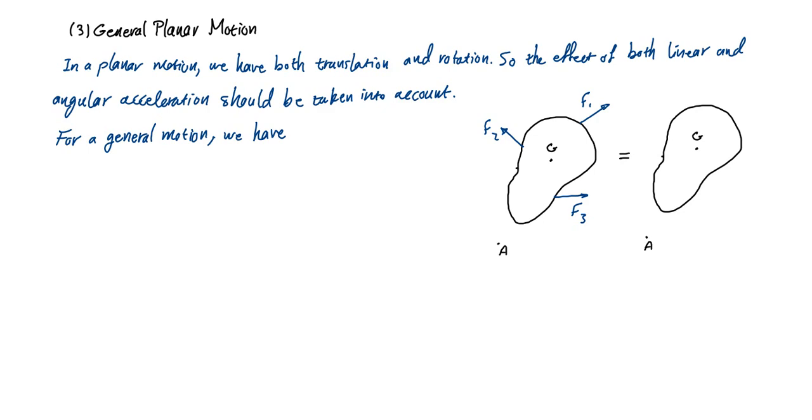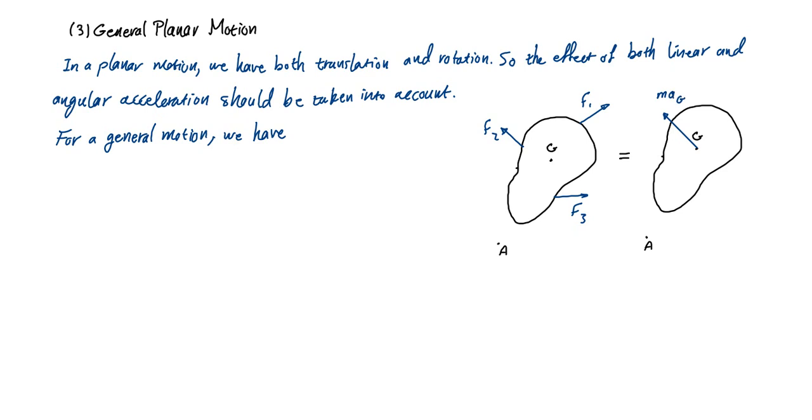Because of all these forces applied to my rigid body, it has some linear acceleration. Let's say linear acceleration, I'm going to put it on the center of gravity. So that would be the mass of the rigid body times the acceleration of the center of gravity.